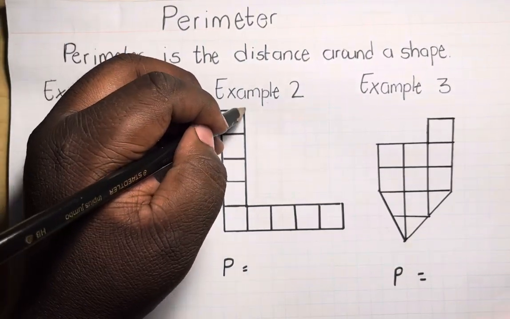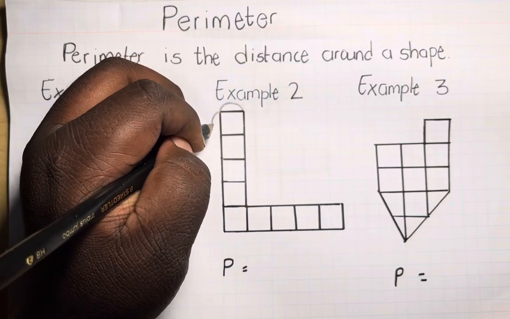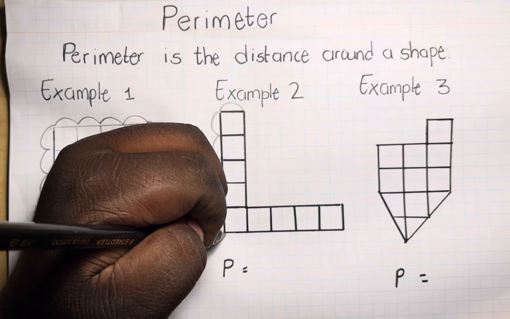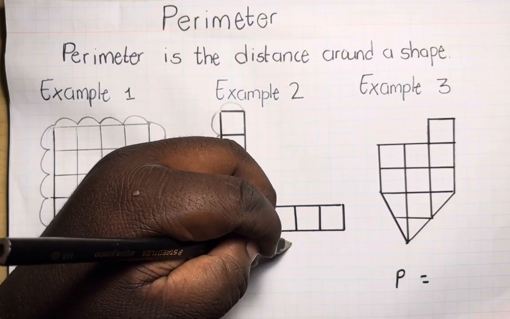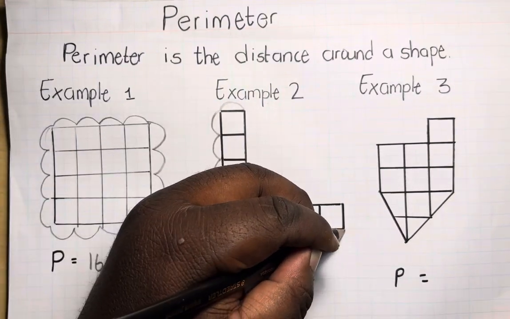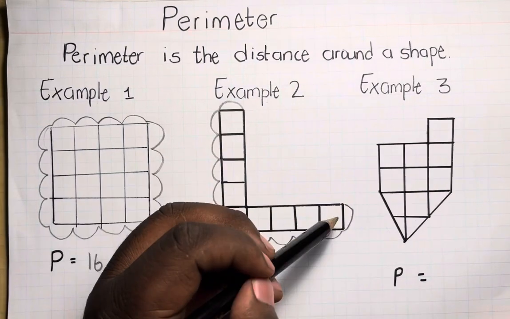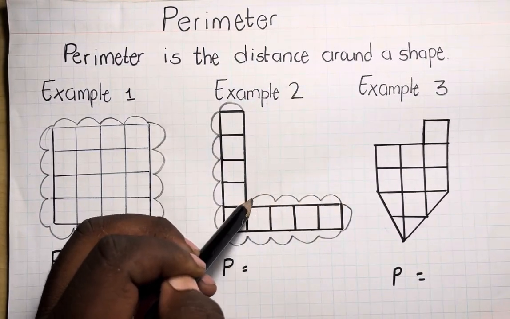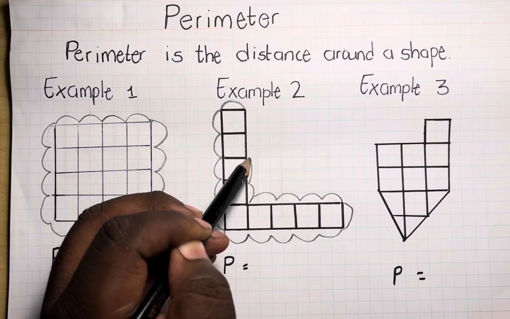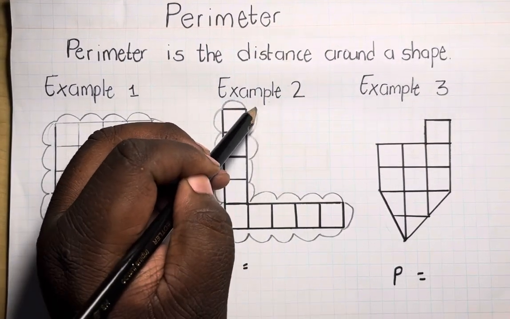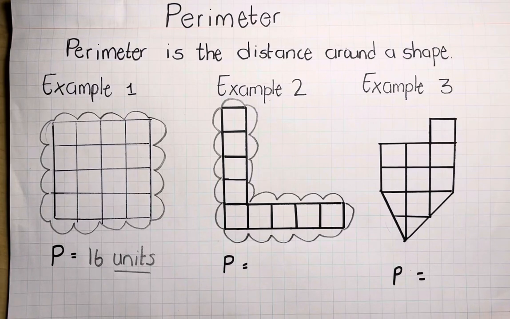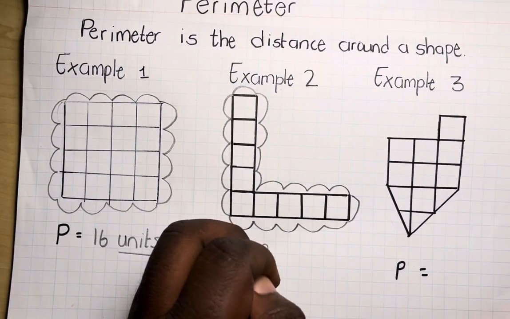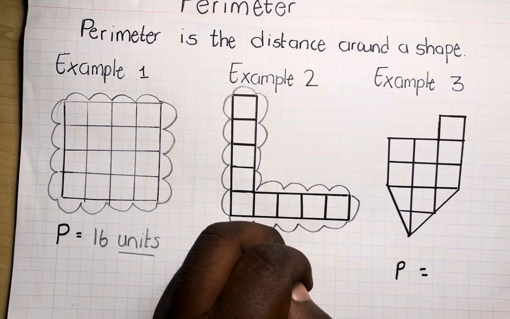Let's get started. 1, 2, 3, 4, 5, 6, 7, 8, 9, 10, 11, 12, 13, 14, 15, 16, 17, 18, 19, 20. Now the perimeter of the second shape would then be 20 units.